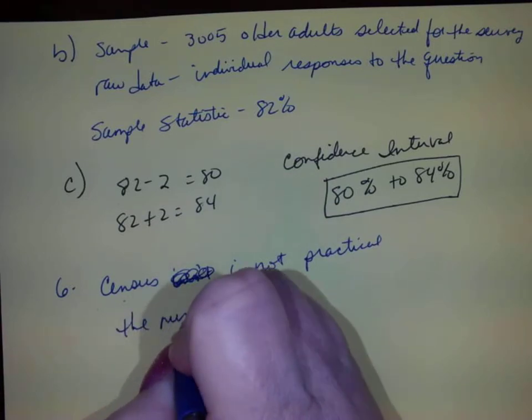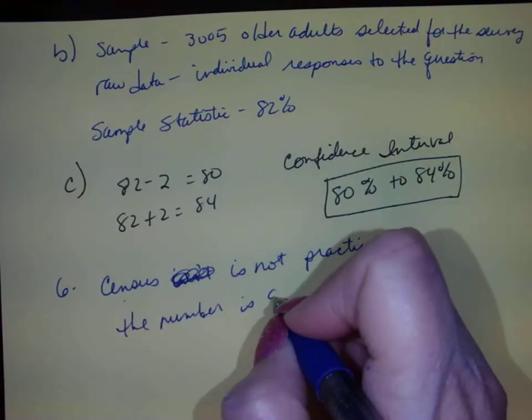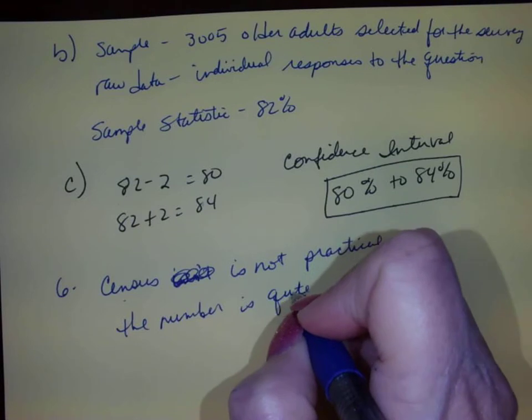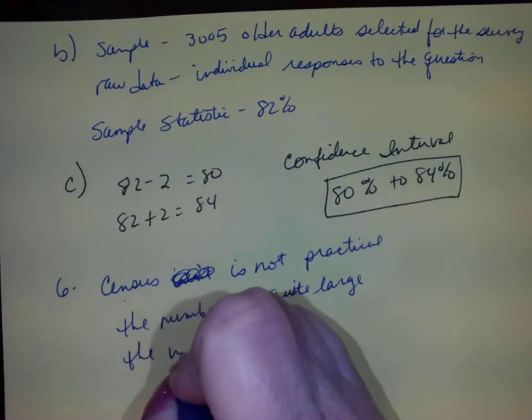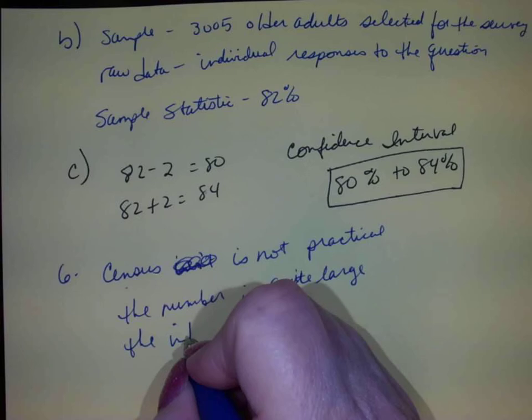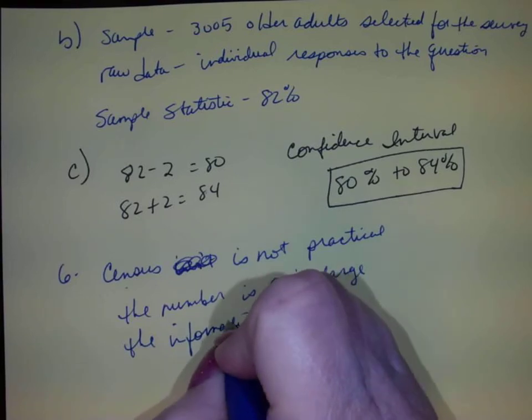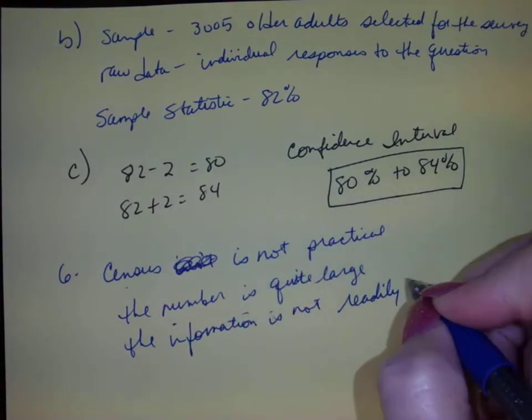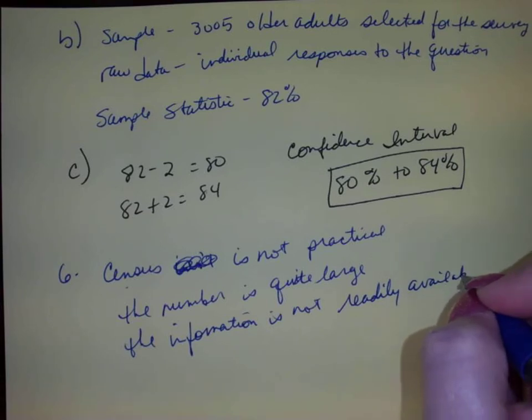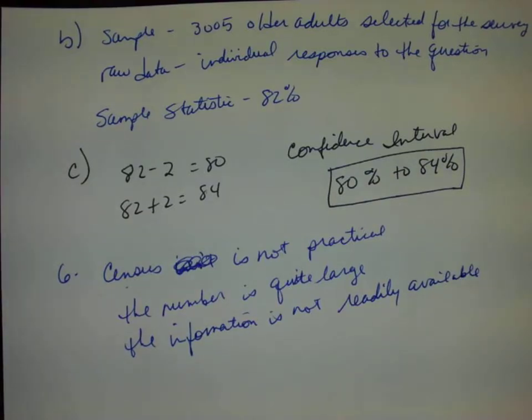The number is quite large, and the information is not readily available. So they might need to look at another type of way to find out that information, or maybe they need to change what they're trying to locate.